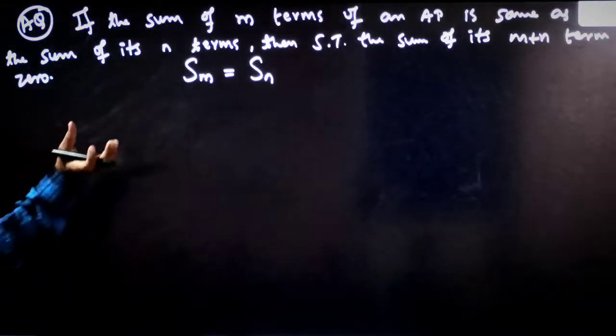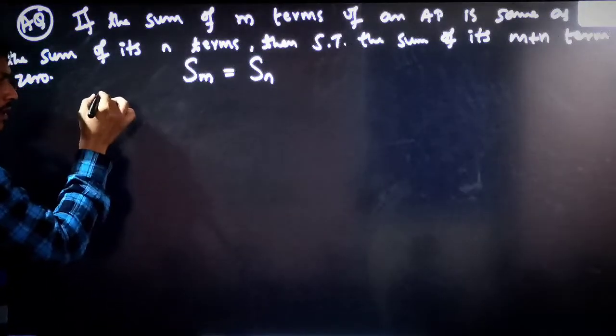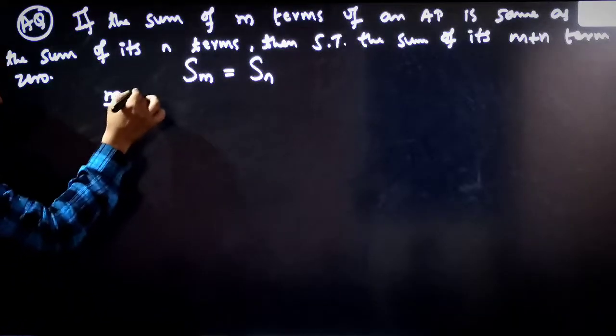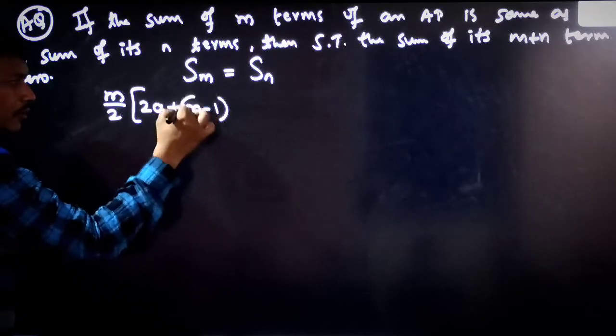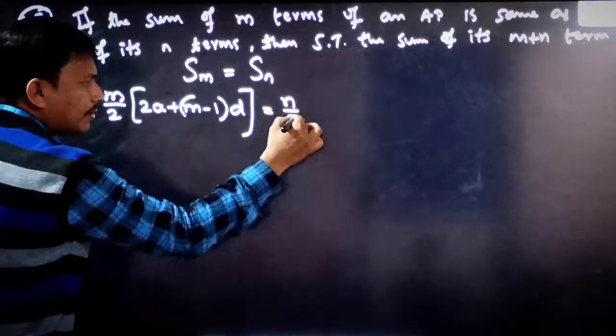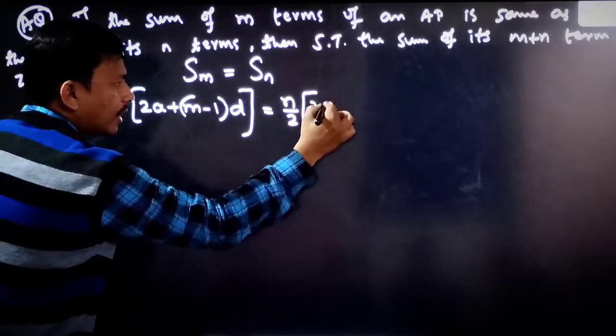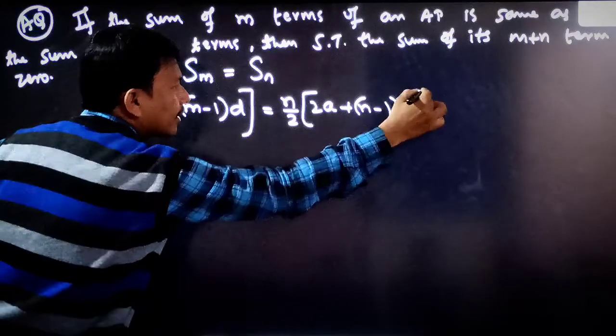Sm formula is m divided by 2 in bracket 2a plus m minus 1 into d. Then Sn is equal to n divided by 2 in bracket 2a plus n minus 1 into d.